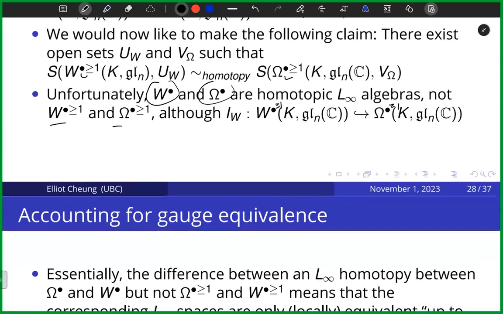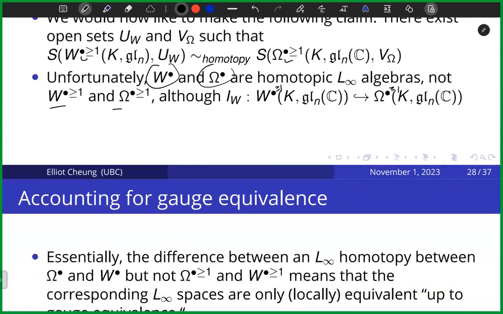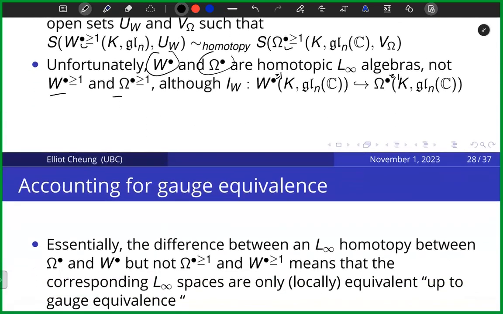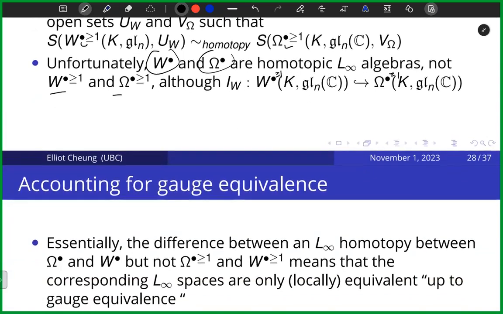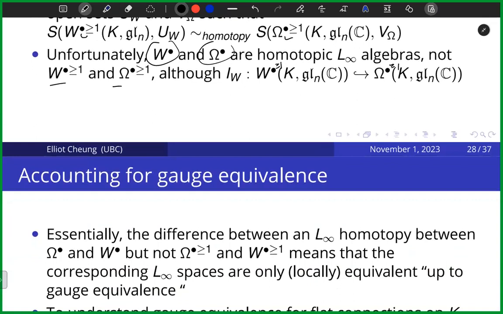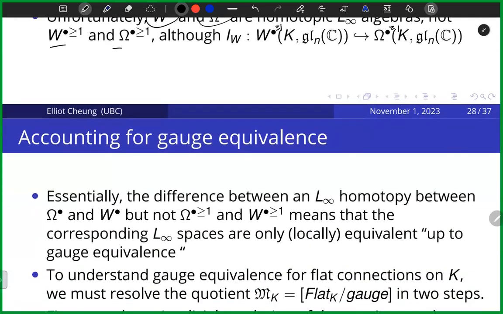Essentially the difference is whether we're allowed to chop off the degree 0 part or not. If we're not allowed to just chop off the degree 0 part, that means morally speaking, the corresponding L infinity spaces are only homotopic up to gauge equivalence. So we need to account for gauge equivalence here.